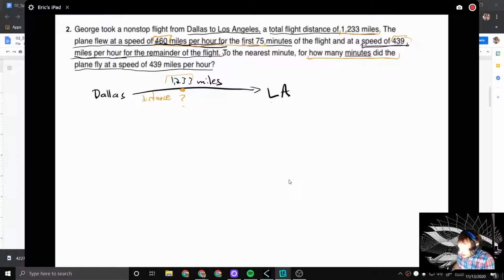And so I know that if you fly 460 miles per hour for 75 minutes, I know that if I multiplied by hours, if I multiplied, for instance, by 2 hours, just as an example, I would get the miles flown, right?